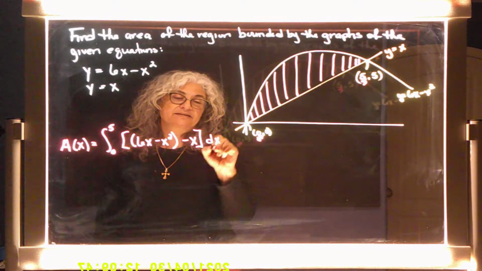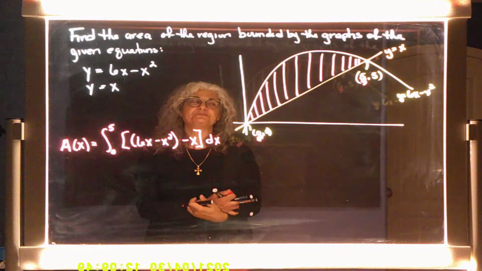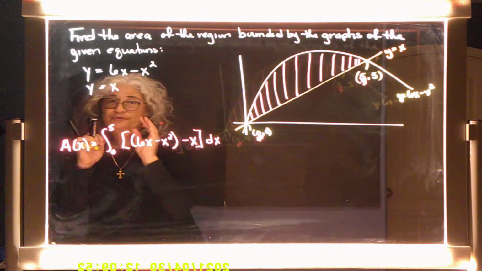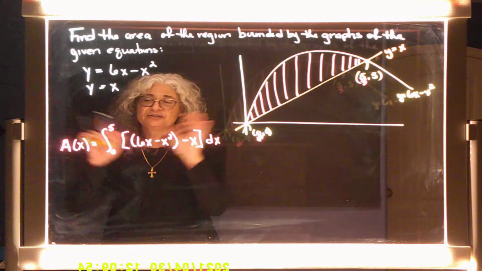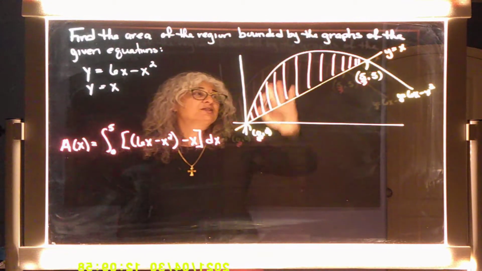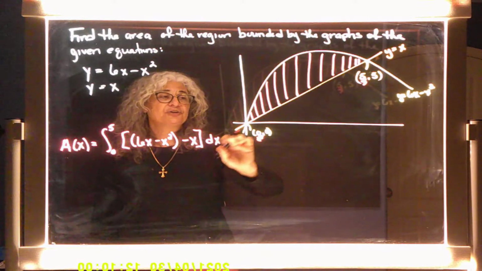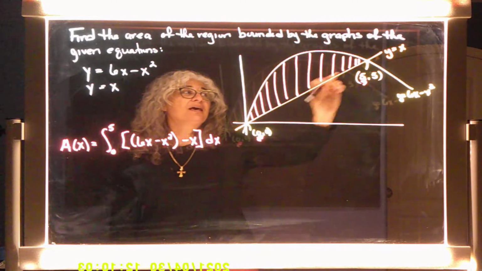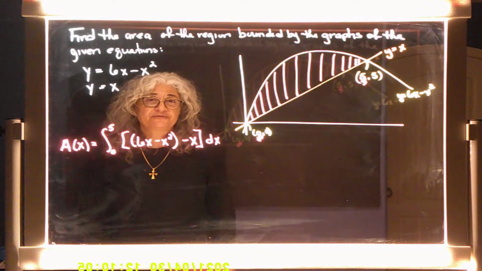Okay, and then dx. Agreed? Good. If you don't get the setup right, then doing the computation doesn't matter. Do you agree that the parabola is higher, graphically speaking, than the y equals x, the linear function?